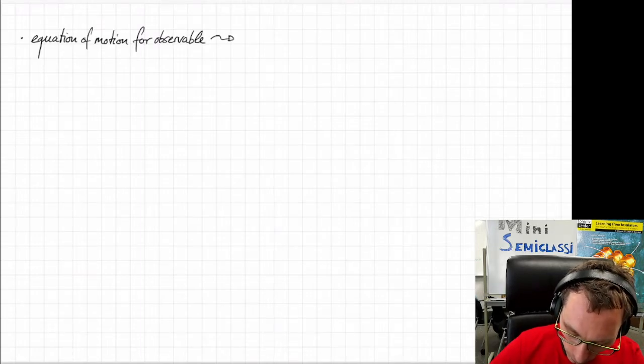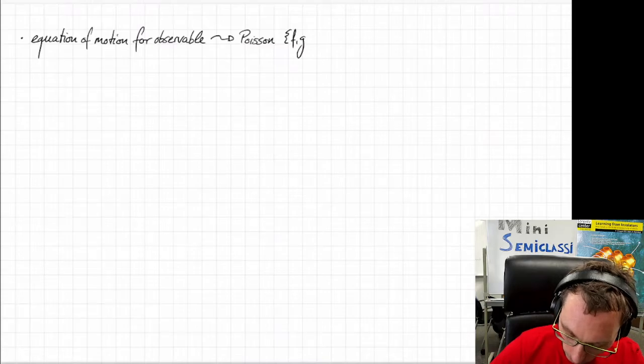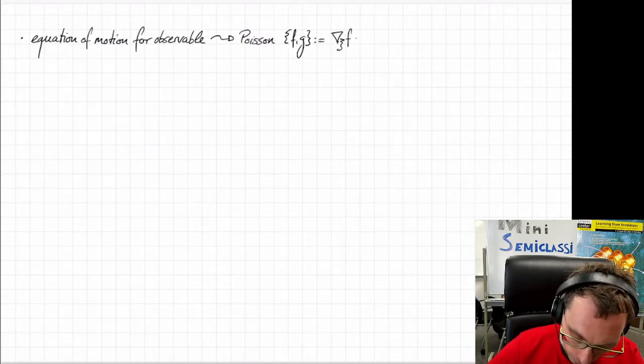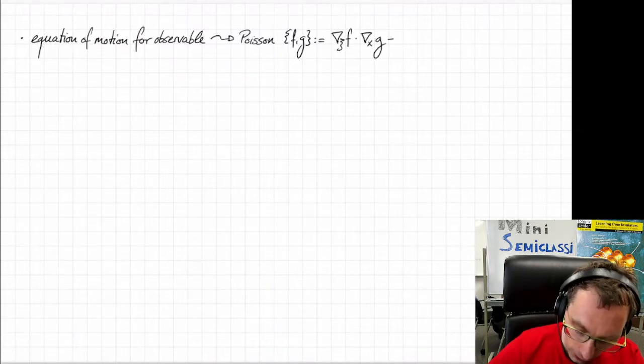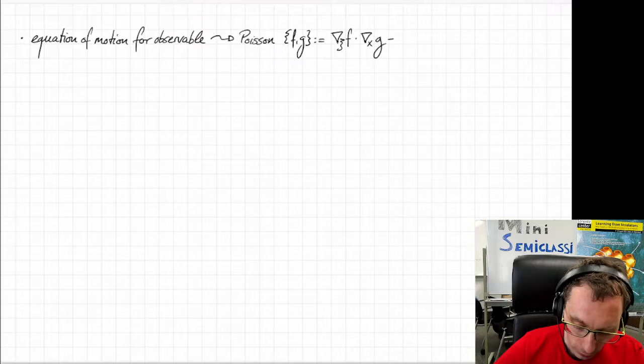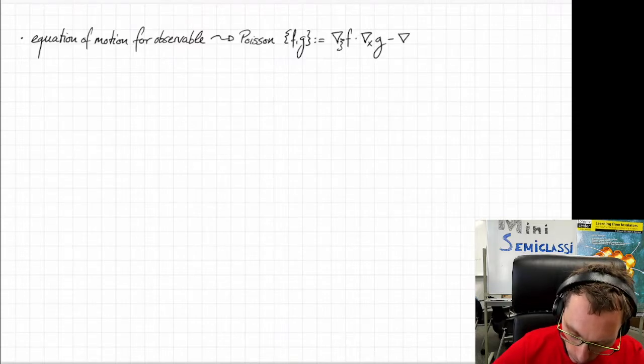This is given in terms of the Poisson bracket. Let me remind you what the Poisson bracket looks like. The Poisson bracket takes two functions, f and g, and the result is another function. What you do is you take the gradients of both functions, and then you take the dot product. So you first take the psi gradient of f, take the dot product with the x gradient of g, and then you reverse the derivatives.